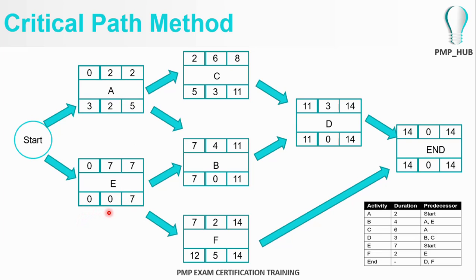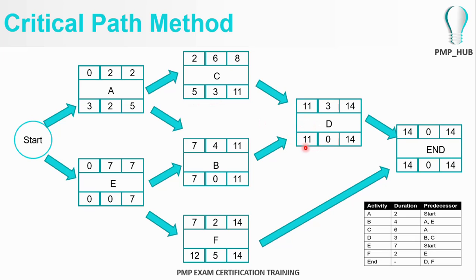As explained earlier, the float is the difference between the earliest start time and the latest start time, or the earliest finish time and the latest finish time. So the float will be 2, and the float will be 3.